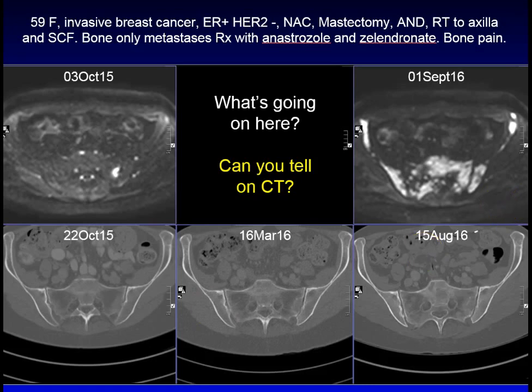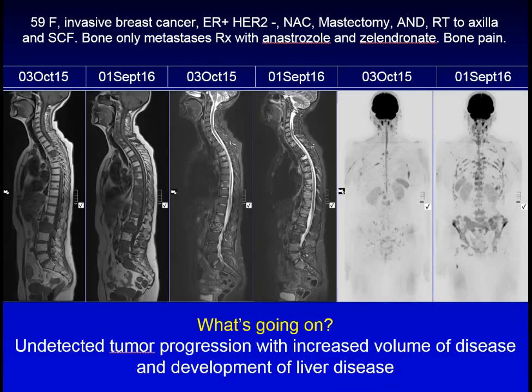So this disease progression has taken place in front of your eyes, and you didn't even realize it because of the intervening CT scan and not an intervening MRI scan. And if you look at the MRI scan, you can see the emergence of new lesions and a huge increase in volume in the burden of disease with, in fact, the development of liver metastases.